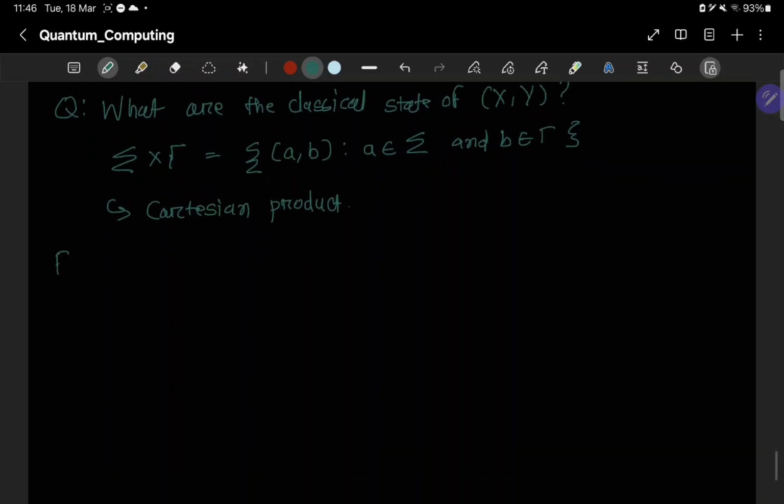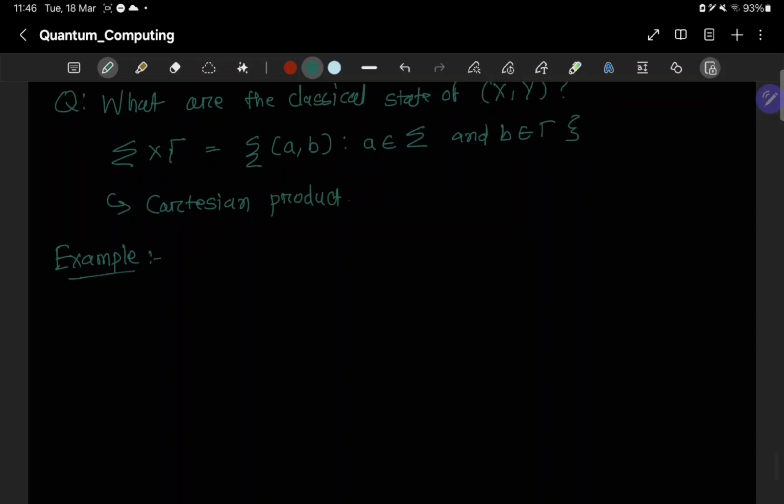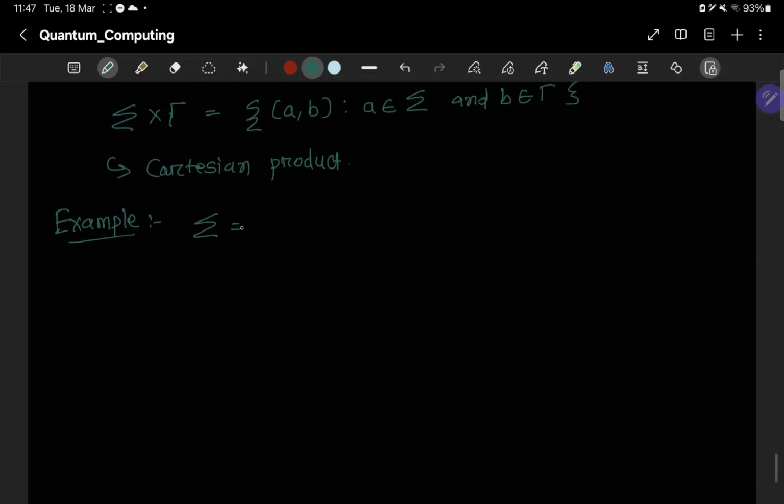So let us take an example. Let's consider sigma to be {0, 1} and gamma to be {2, 3, 4}.